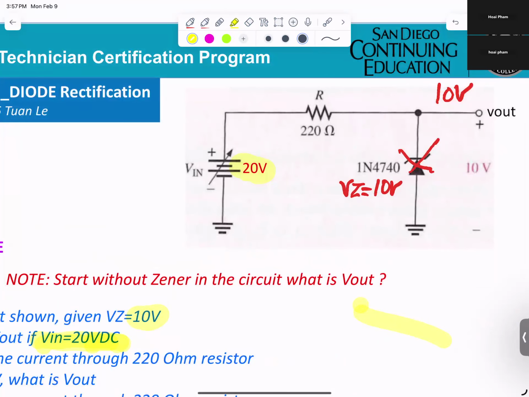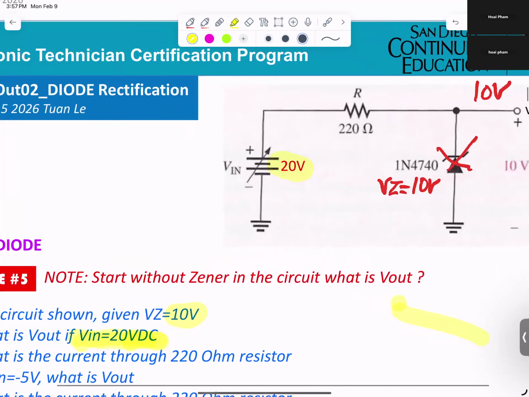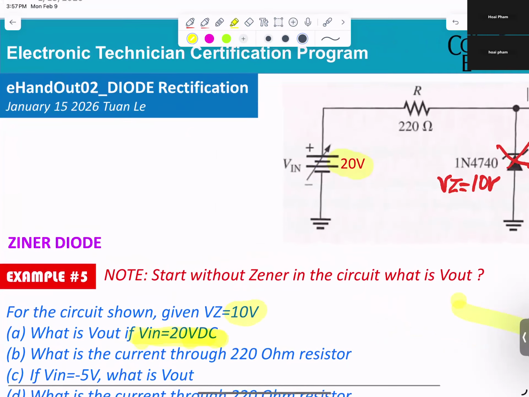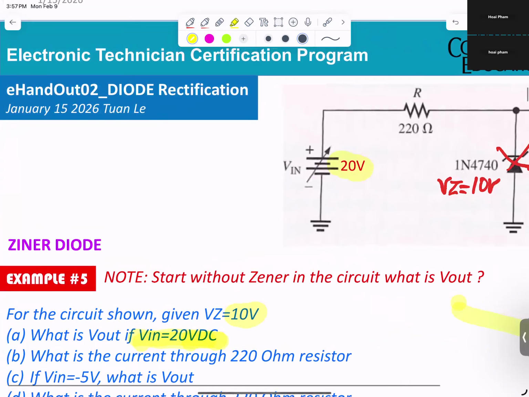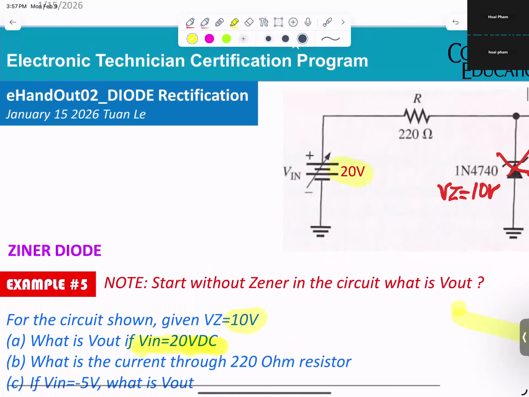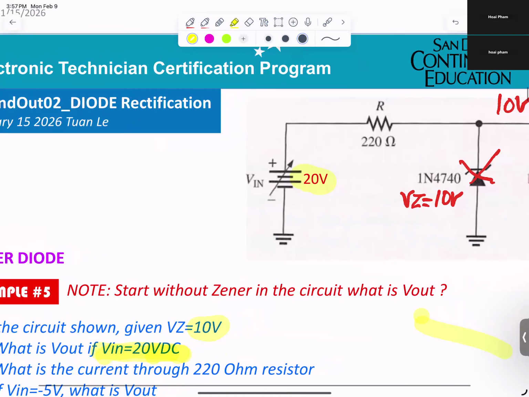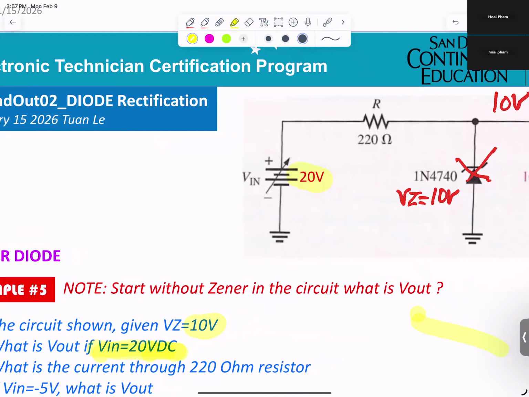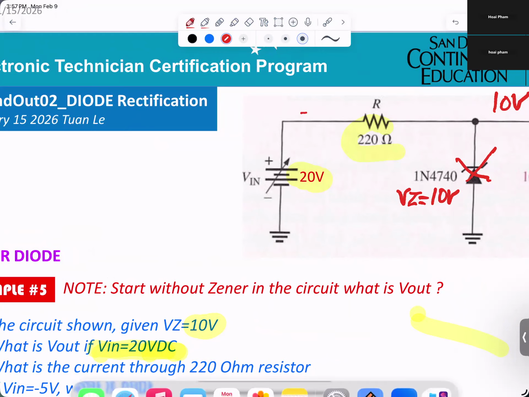Okay? So now you get Zener, it's only 10 volt. That's correct. If we put in 20 volt, what is the current going to the 20 ohm? Now you know how to calculate it. You get a current flowing here.